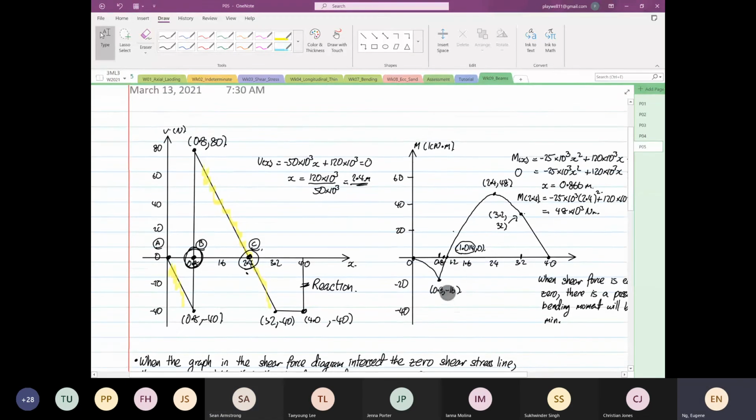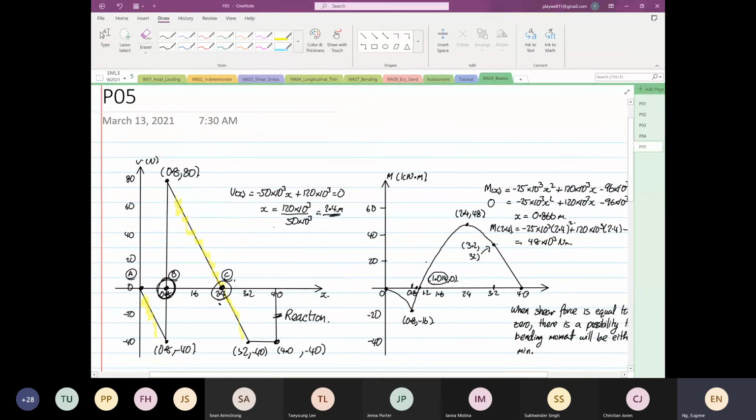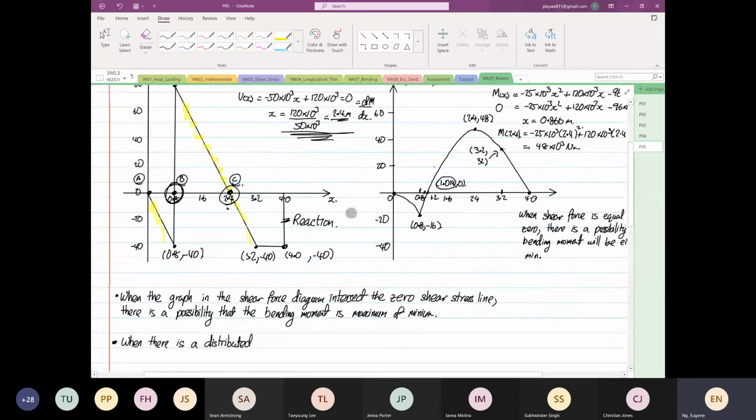What Sean just mentioned is, in order to get this, you always have to set V(x) equal to 0, and V(x) is equal to dM by dx. That is later, after your term test comes back, we're going to do more of it. Now I'm going to sort you out in terms of how to form the equation and how to do the shear force and bending moment diagram. Sean, you are right.